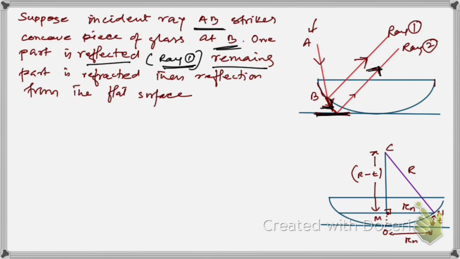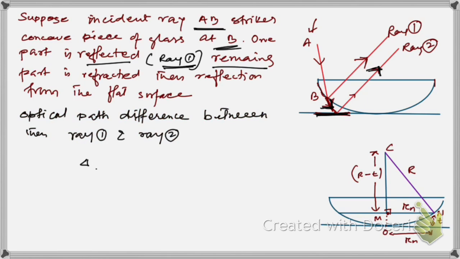So now let me write the optical path difference between ray 1 and ray 2. The optical path difference is given by delta equals 2 mu t cos(r plus theta) plus or minus lambda by 2, right? Lambda is the wavelength of this light, and t is the thickness of this air film.